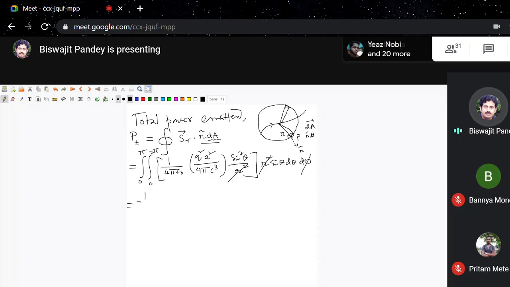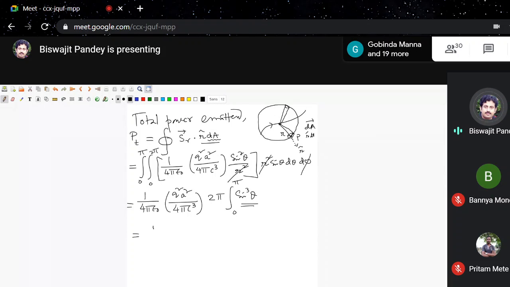So 1 over 4 pi epsilon 0, q square a square by 4 pi c cube. The phi integral gives 2 pi, and the theta integral that remains is sin cube theta from 0 to pi. You can easily integrate sin cube theta. Write sin square theta as 1 minus cos square theta, so sin theta into 1 minus cos square theta, then just integrate and put the limits 0 to pi. It will come out to be 4 by 3. I'm not doing that; everyone of you can do this.